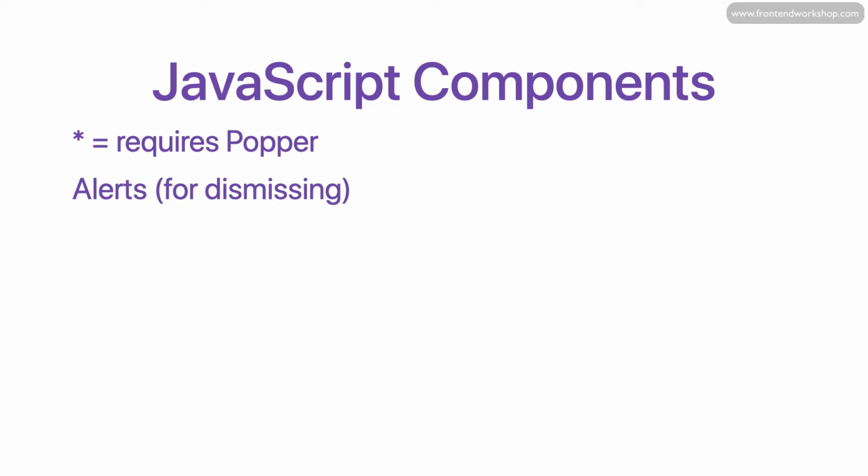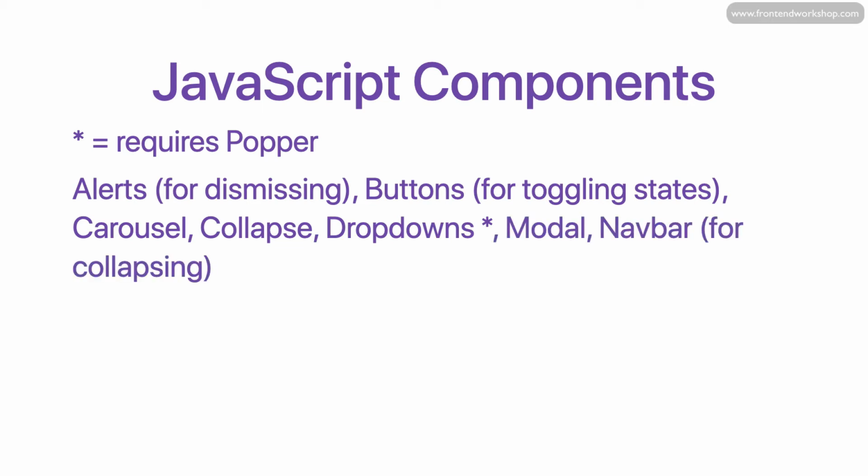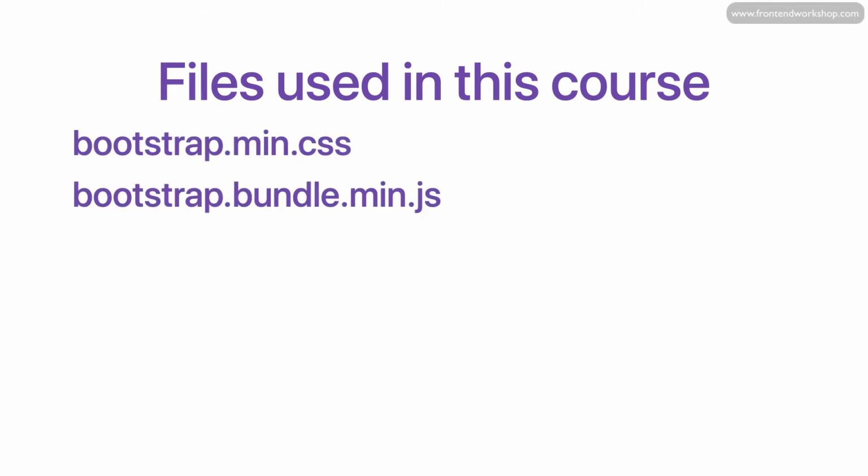So we have alerts for dismissing them, buttons for toggling states, carousel, collapse, dropdowns, and this has the star, so that requires popper, modal, navbar for collapsing it, popovers, which requires popper, scrollspy, toasts, and tooltips, which also requires popper.